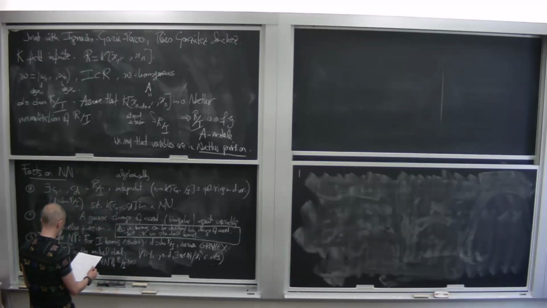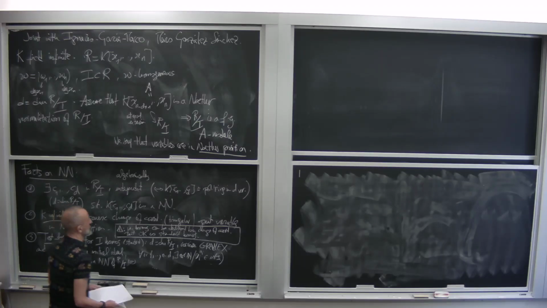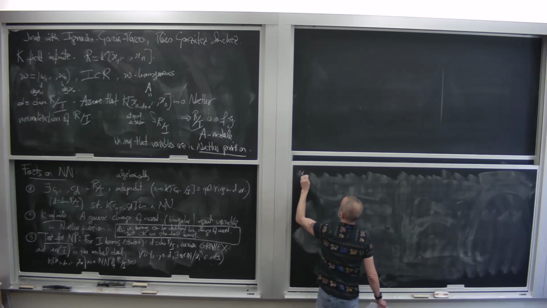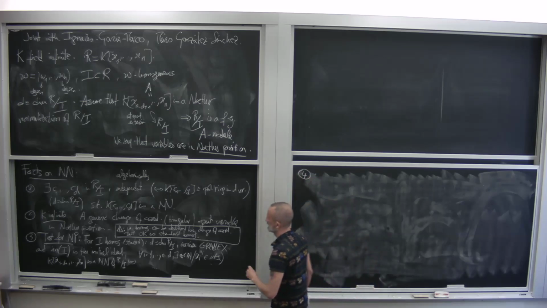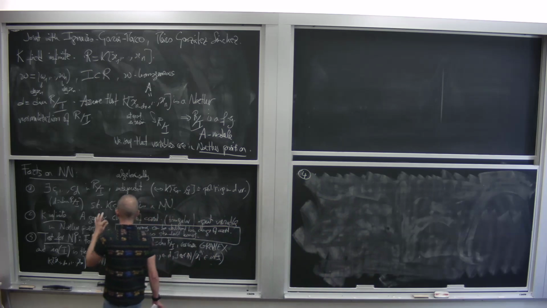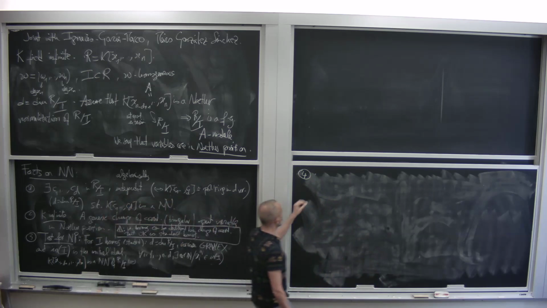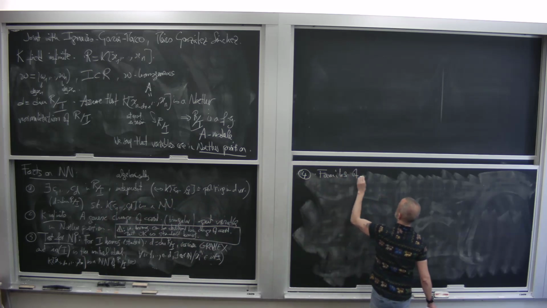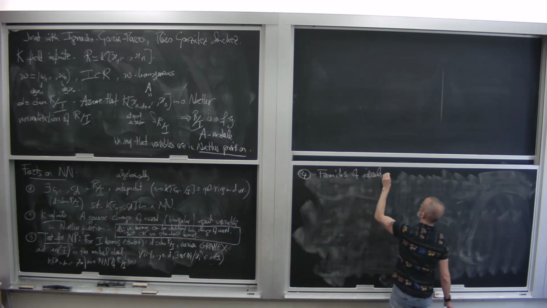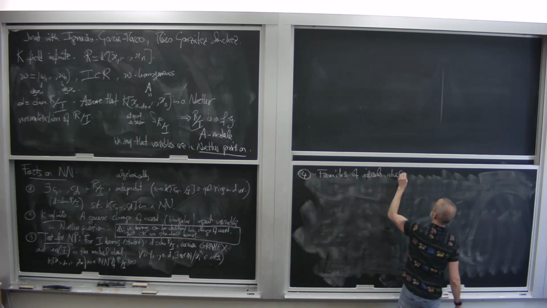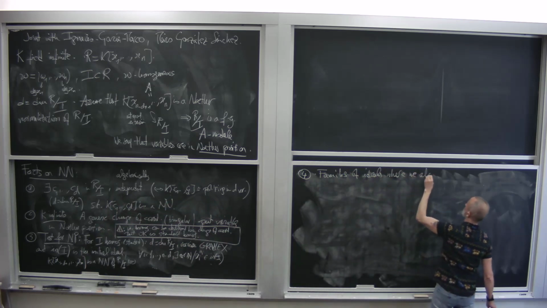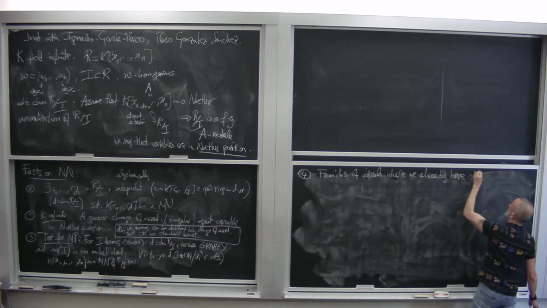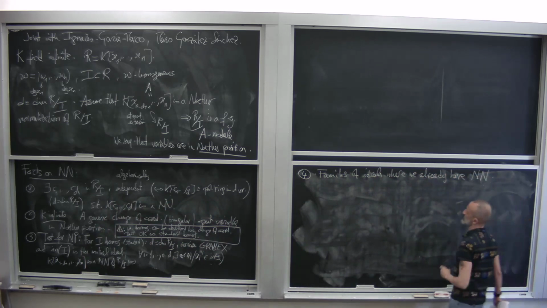Okay, so the fourth thing I want to say, just to convince you that this is not so restrictive, is that there are families of ideals where we already have Noether normalization.